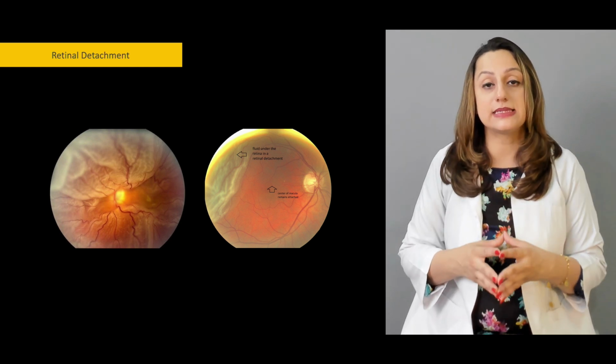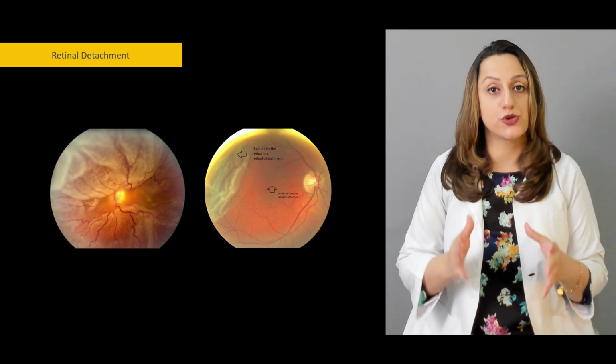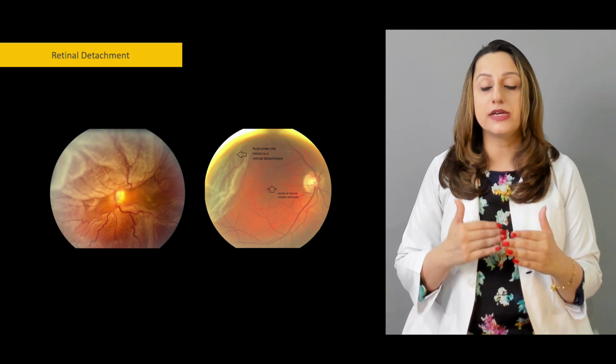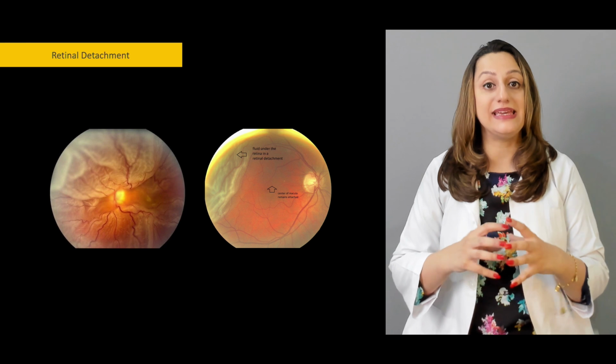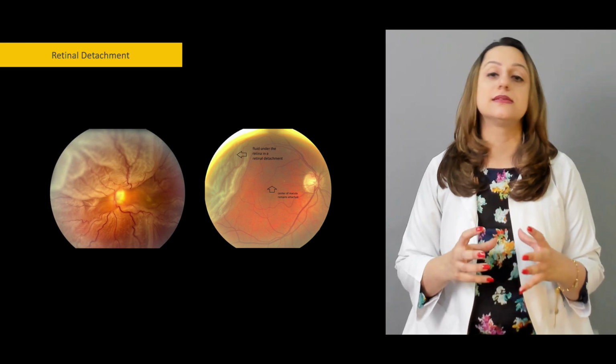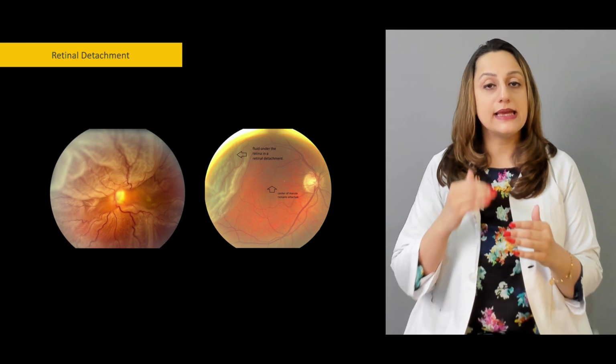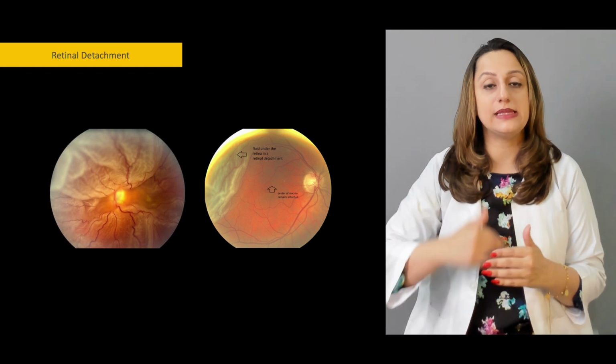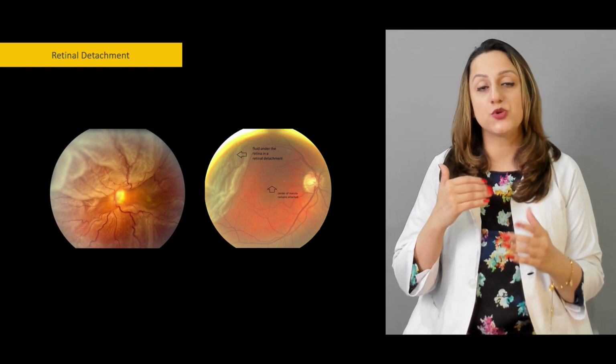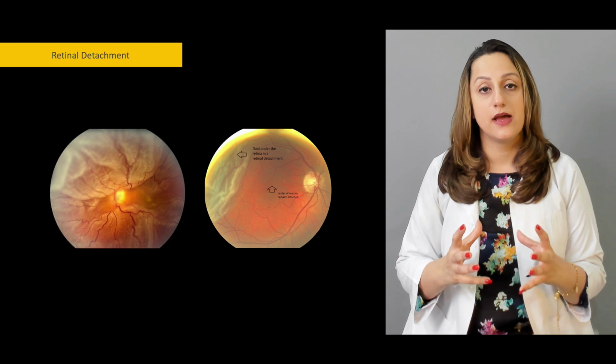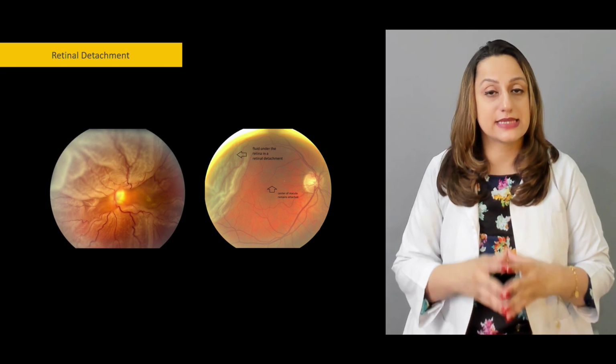That was the mainstay of the definition. And where this fluid is accumulated is again very important. It's the potential space between the pigmentary layer and the neurosensory layer of the retina itself.